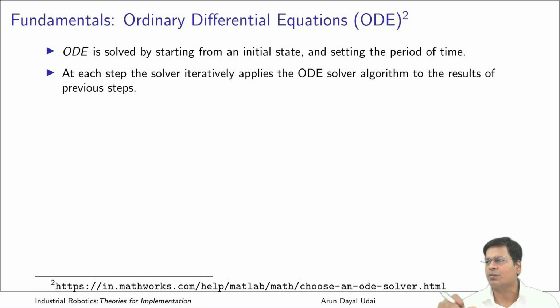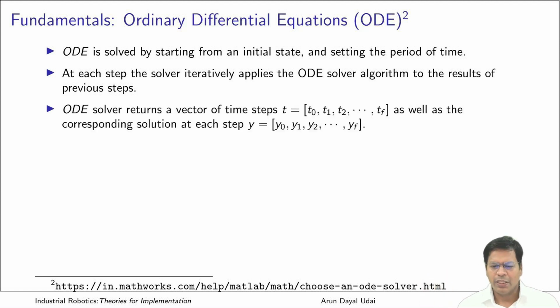So it iterates from the initial step to the next, and the next, and finally it gives you a vector of time steps, that is t equal to t0, t1, t2, t3, and at each of these time steps you also get the value of y. That is y0, y1, y2, y3, y4, y5, and so on.